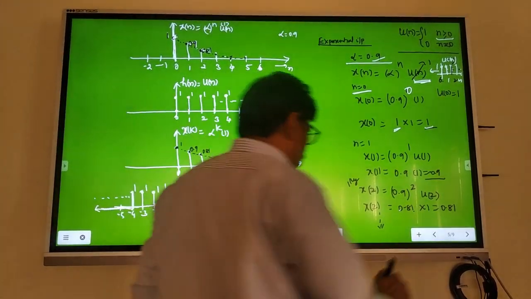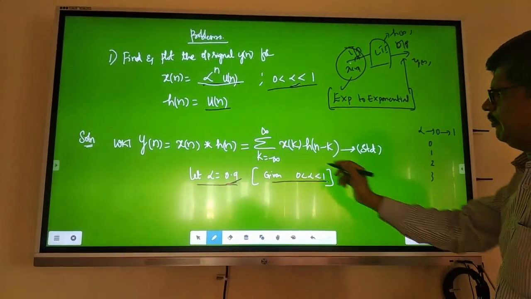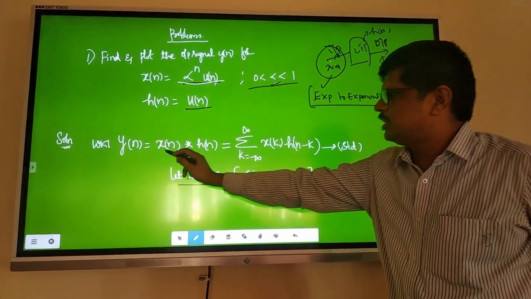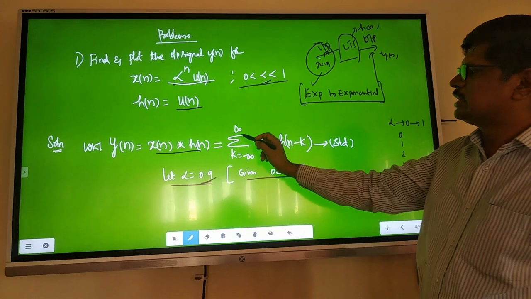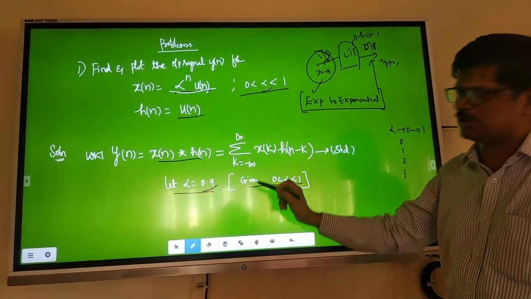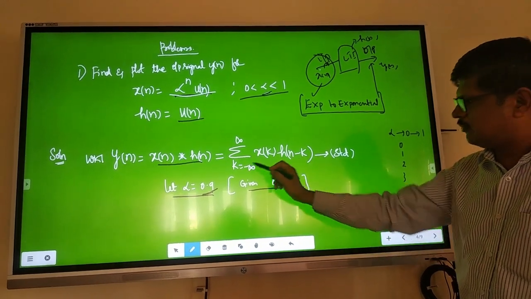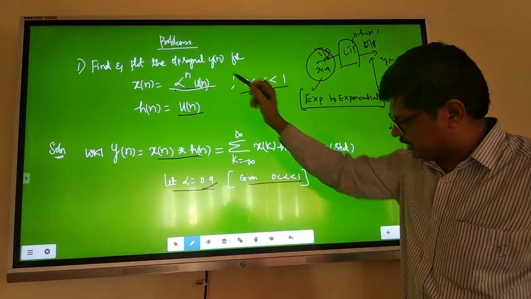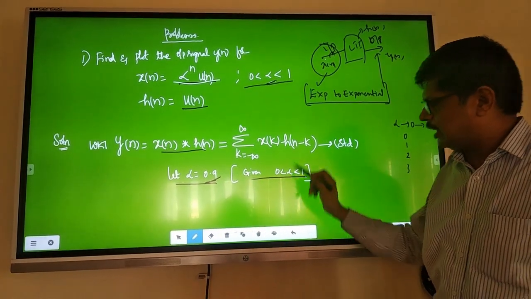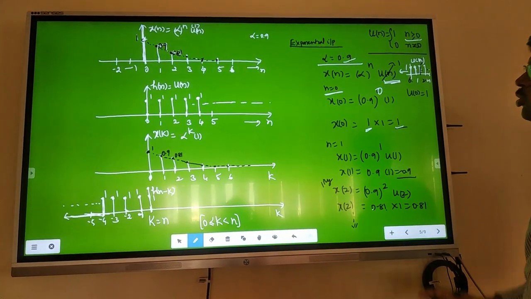Third, see the output: the standard equation for y of n of these two sequences, the linear convolution, is the summation over k from minus infinity to plus infinity of x of k, shifted impulses, h of n minus k. Therefore, you have to convert x of n versus n as x of k versus k, and h of n versus n as h of k versus k.